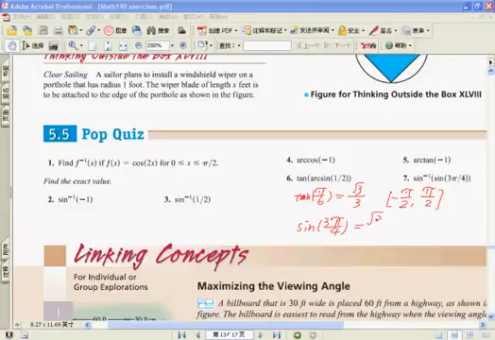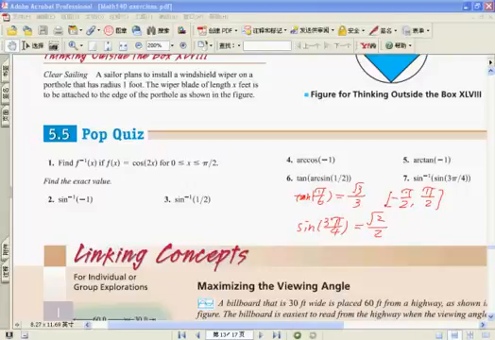Root of 2 over 2. Because the reference angle is equal to pi over 4, right? And this is in quadrant 2, so the sign of the sine function is positive. So it's equal to the sine of pi over 4, which is root of 2 over 2.